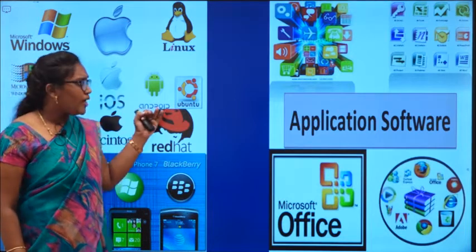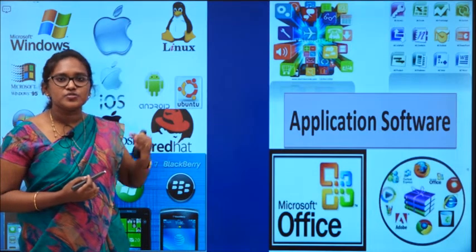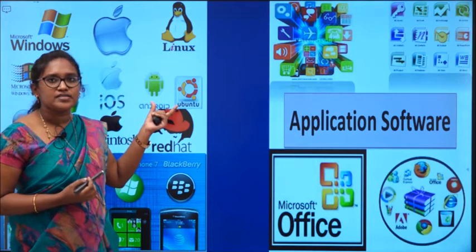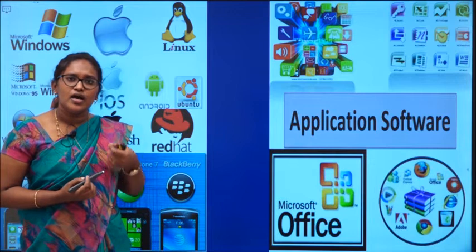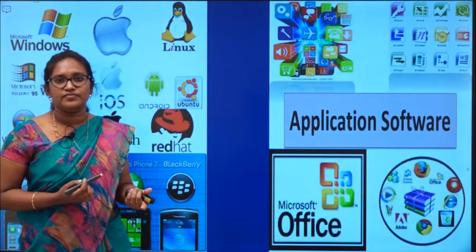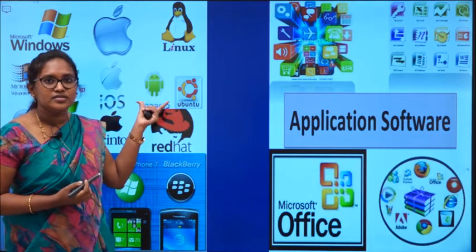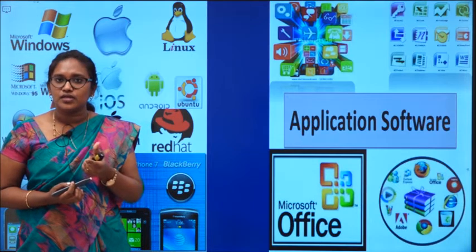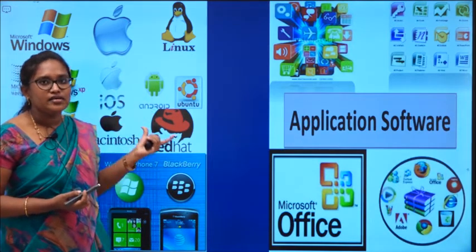So why is it called an operating system and how does it differ from application software? For the functioning of the computer itself, we need an operating system. That means the computer cannot work without an operating system.